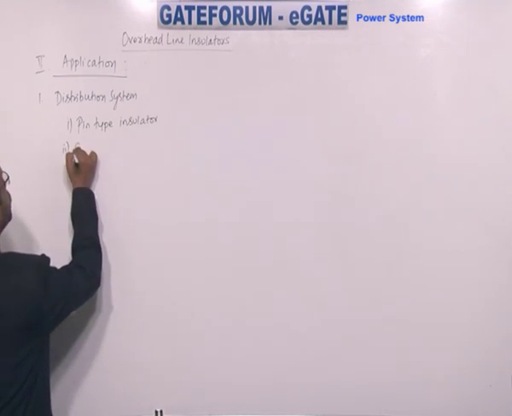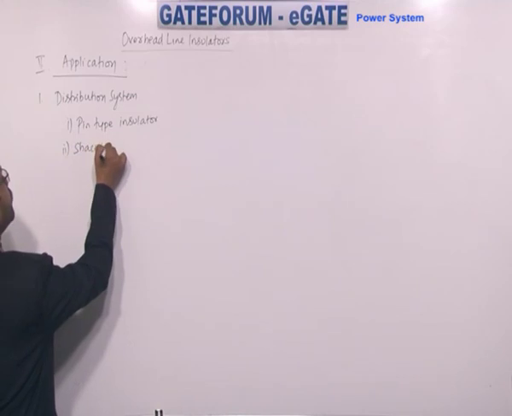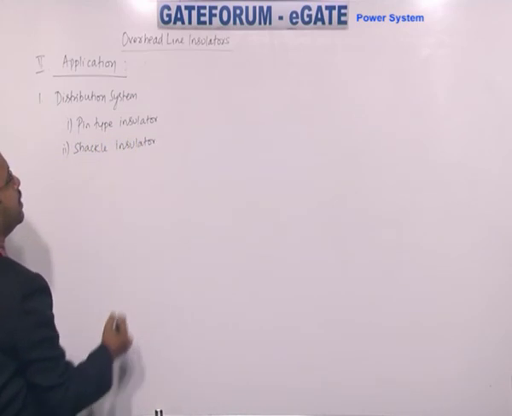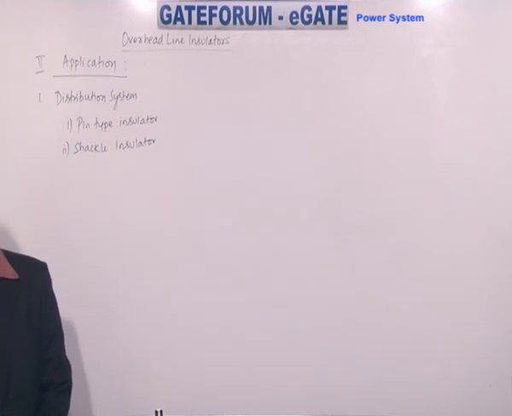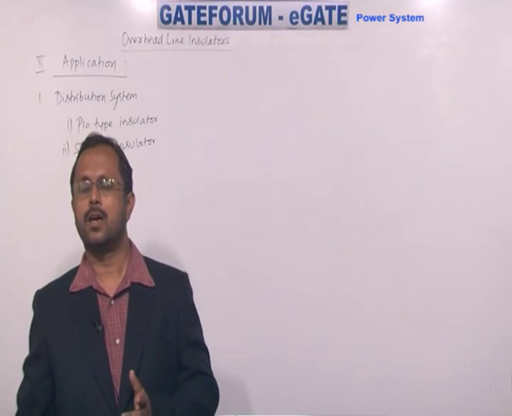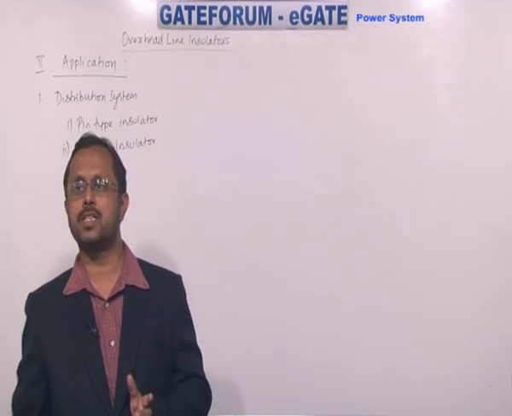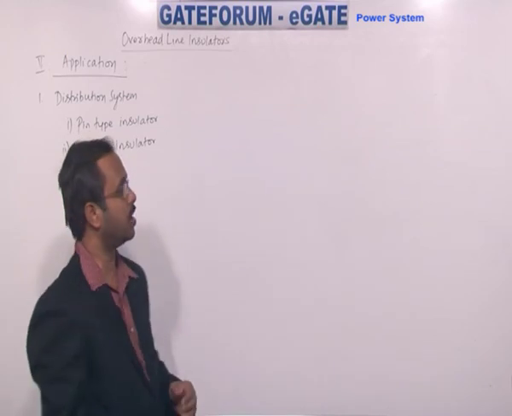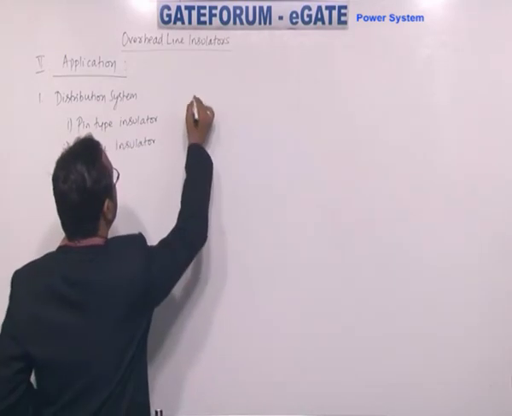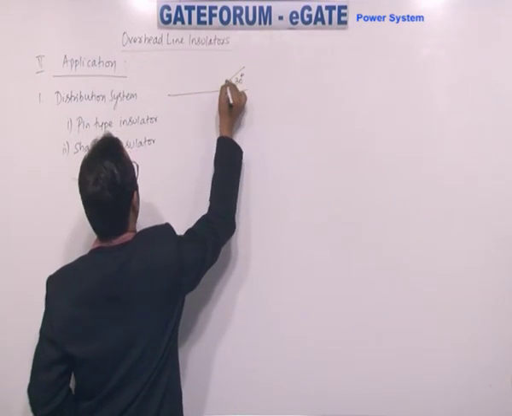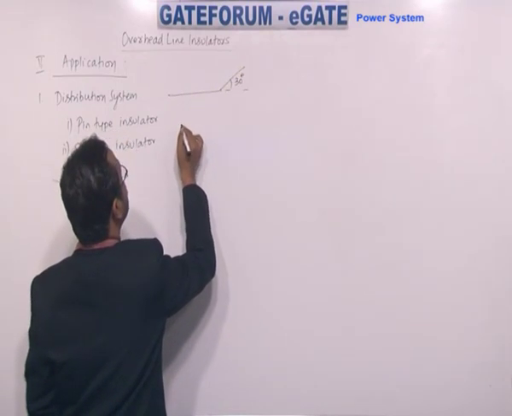And what about the next one? We have the shackle type insulator. When do you use this shackle type insulator, for what specific applications? Say the deviation of the distribution line is beyond 3 degrees, we use shackle type insulators.